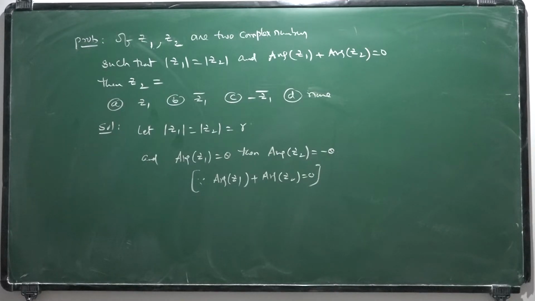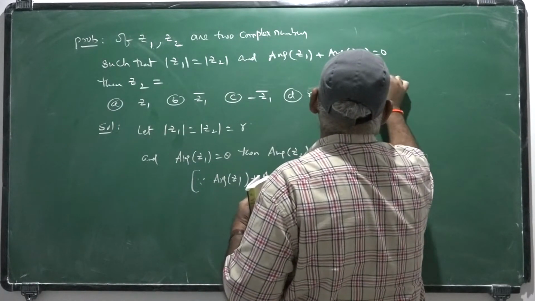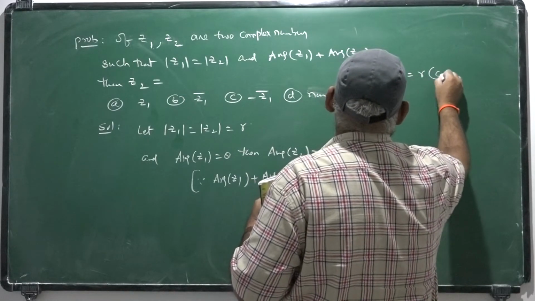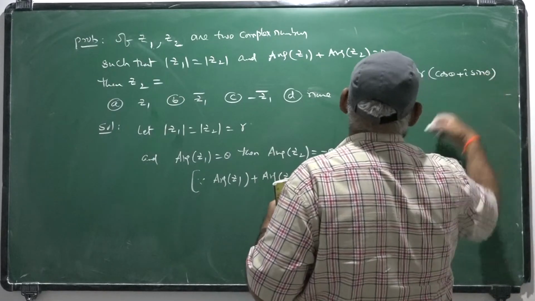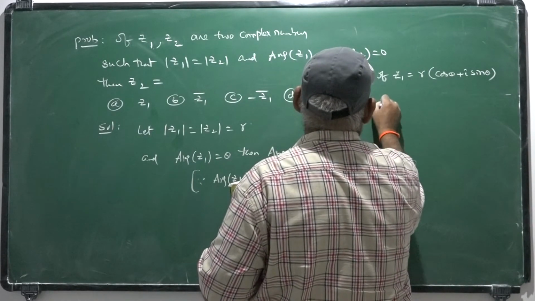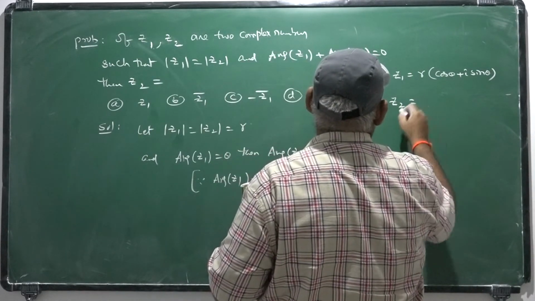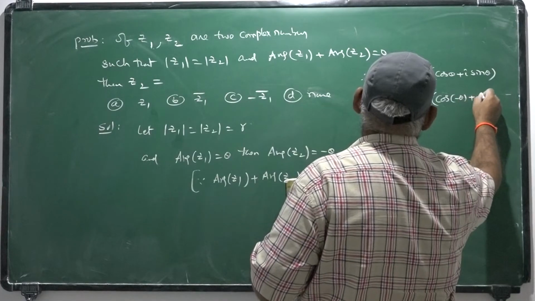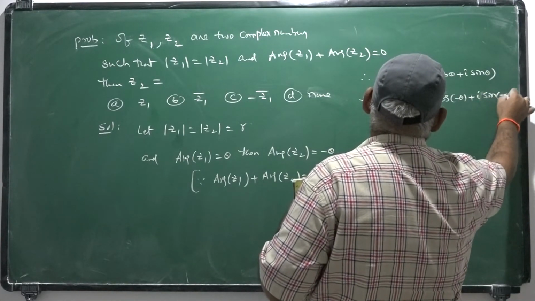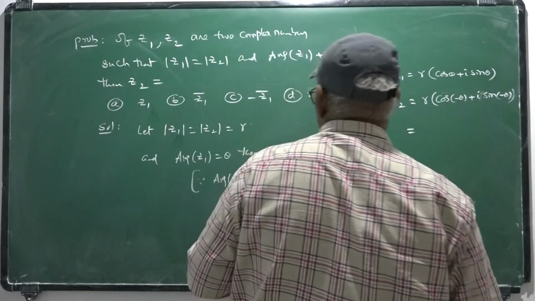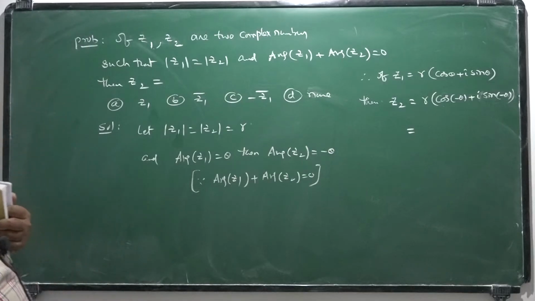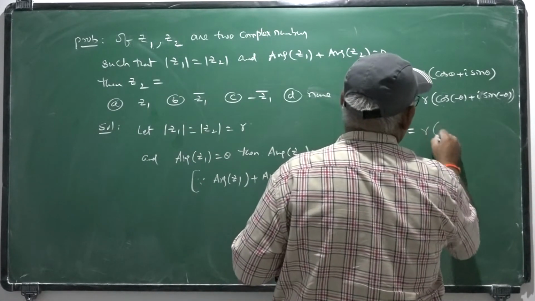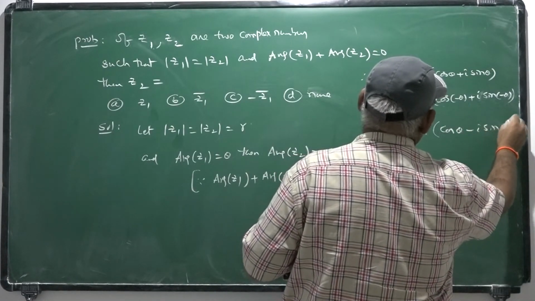Therefore, if z1 is r into cos theta plus i sin theta, then z2 is r into cos of minus theta plus i sin of minus theta, that is r into cos theta minus i sin theta.